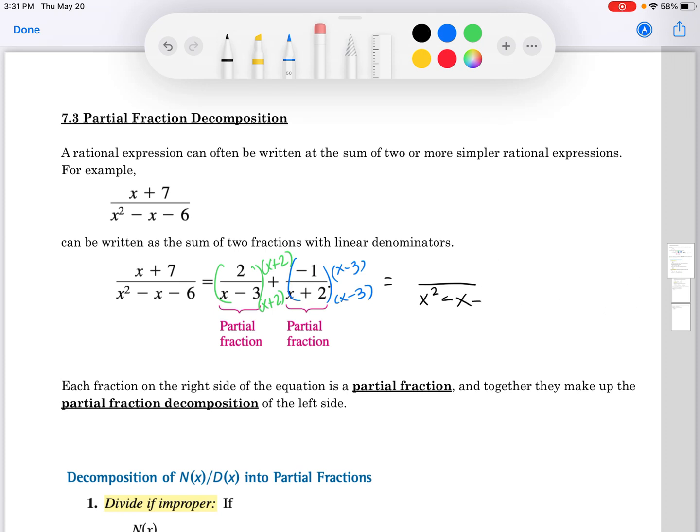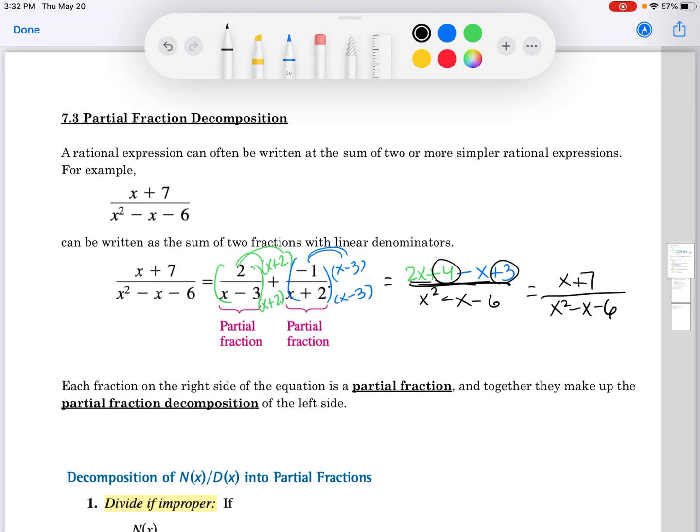So actually we can probably combine these. And up top, when I distribute this, that's going to give me 2x plus 4. And then distributing the negative 1, that's negative x plus 3. And when I clean that up, this is going to give me x plus 7 over x squared minus x minus 6. And there you have it.